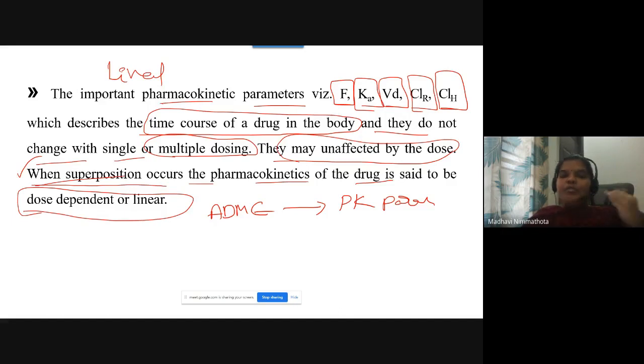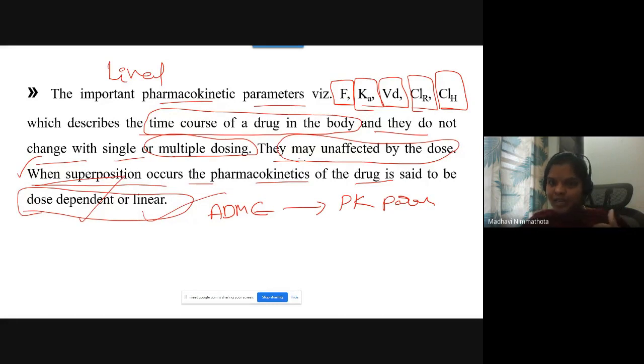These parameters depend upon the time course of the drug in your body. But these parameters will not get affected by the dose.